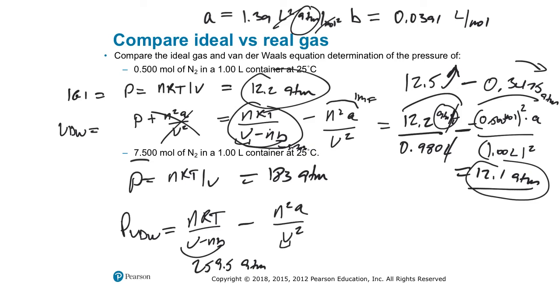And so this is still the free volume, so I'm still plugging in the 1.0 liters here, still plugging in the 7.5 moles here, so I'll go 7.5 squared times the a value, 1.39, and then dividing that by the liter squared gives me this value here to be 78.2 ATM. So when I do this arithmetic, 259.5 minus 78.2, 181.3.